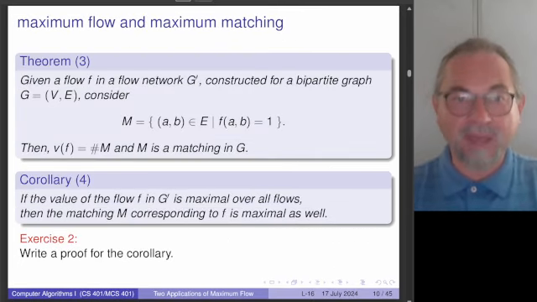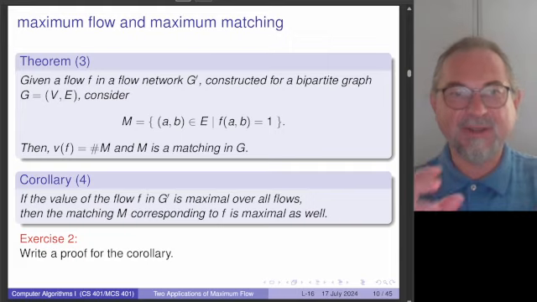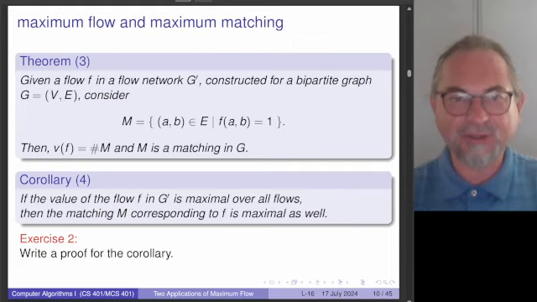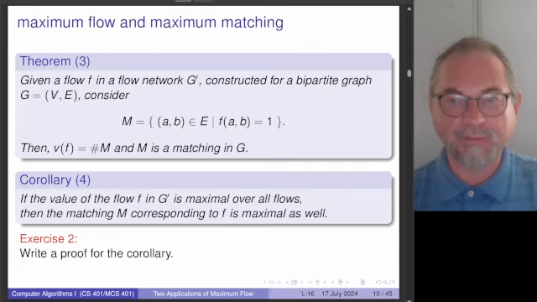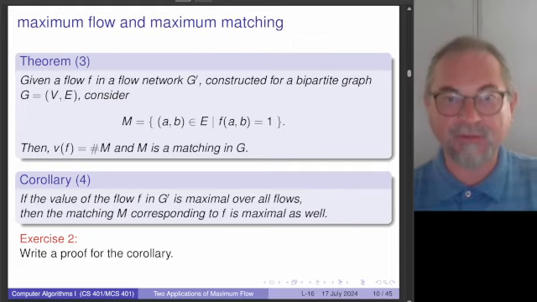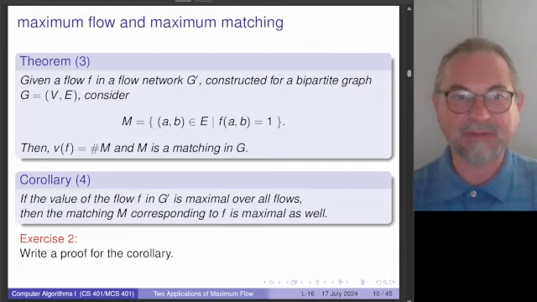Okay, now actually I can define, given the M prime, we actually select those edges on which there is flow. And that actually defines the matching. So this theorem is a direct consequence of the two lemmas.